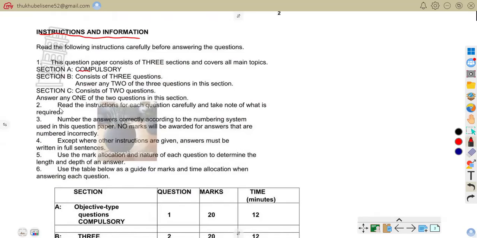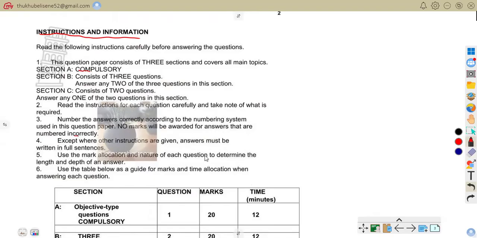Instruction number 2: read the instruction for each question carefully and take note of what is required. Instruction number 3: number the answers correctly according to the numbering system used in this question paper. No marks will be awarded for answers that are numbered incorrectly. Very important instructions. Make sure that your numbering is correct so that you won't lose marks because of numbering.